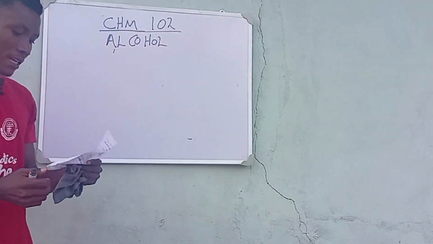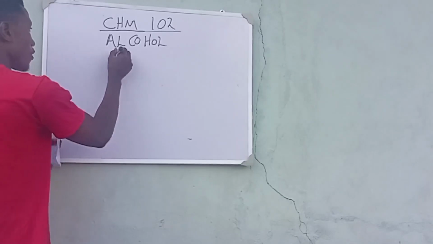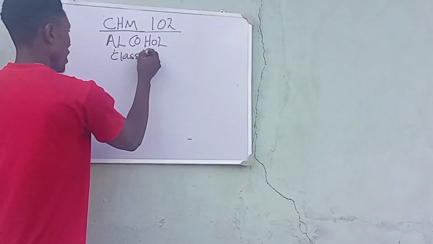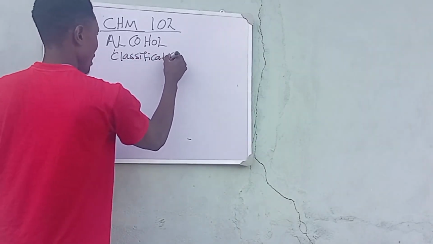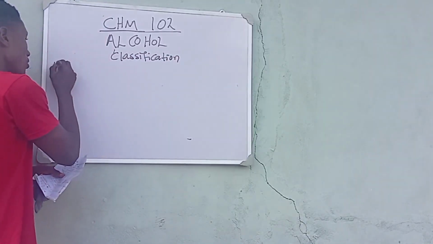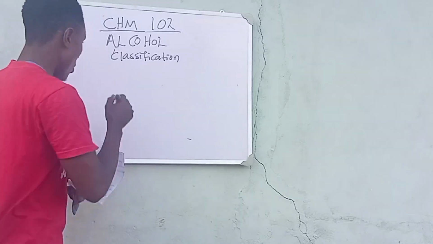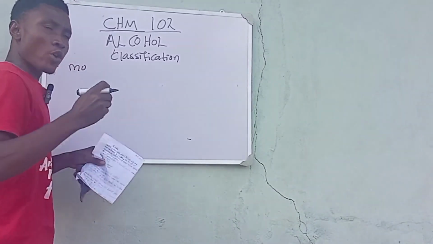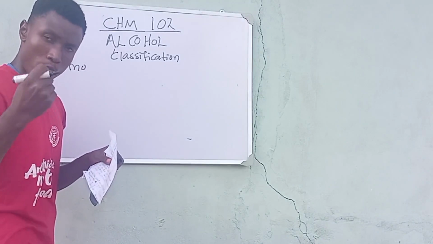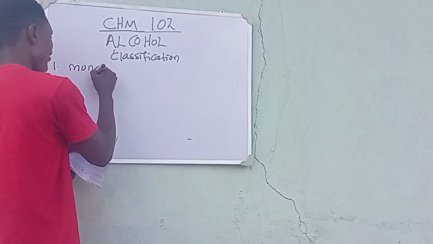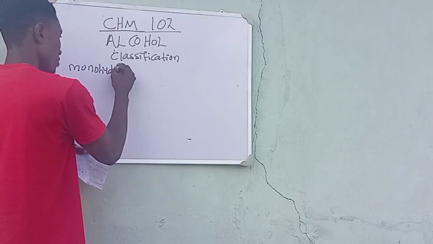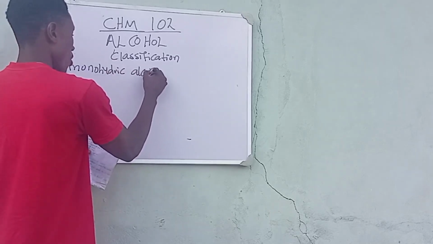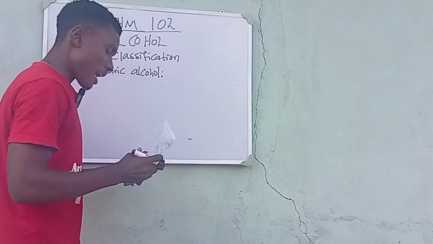So number 1, classification of alcohol: monohydrate alcohol. From the name monohydrate, mono means one. So we say monohydrate alcohols.